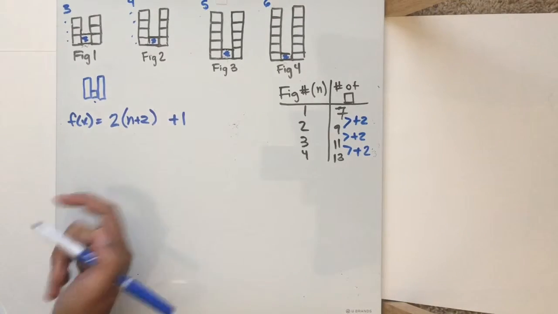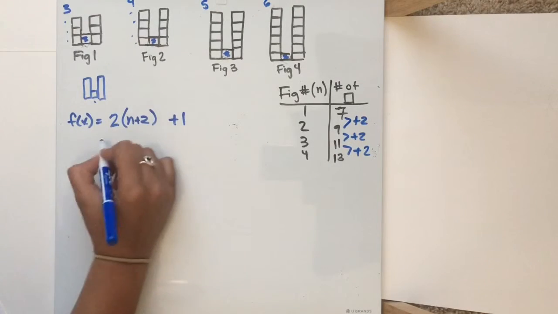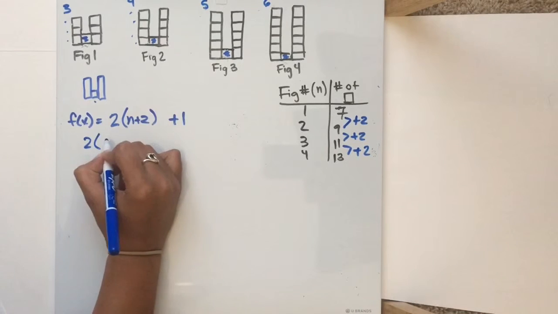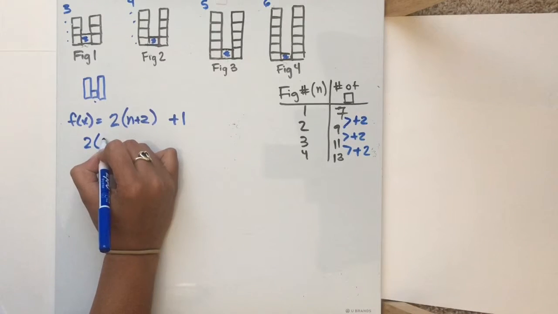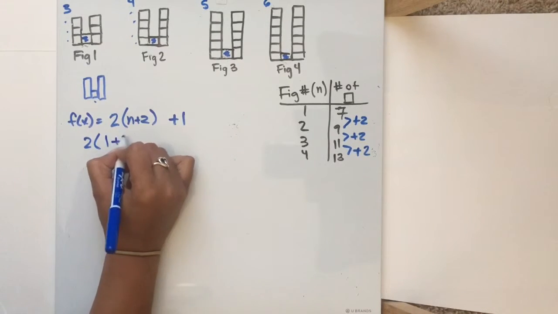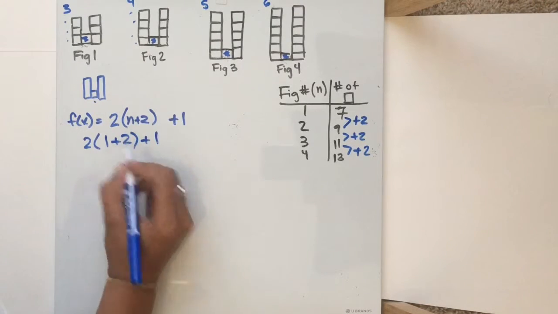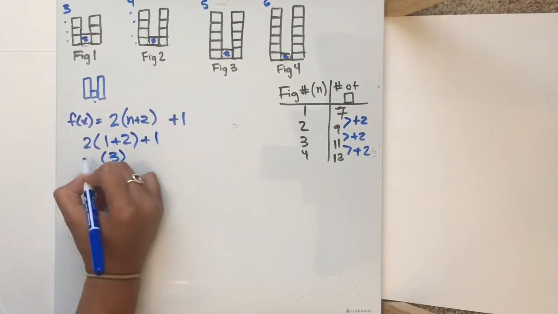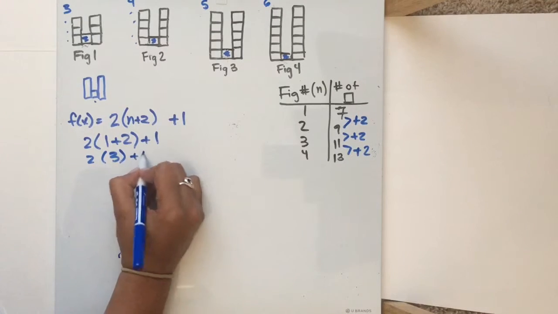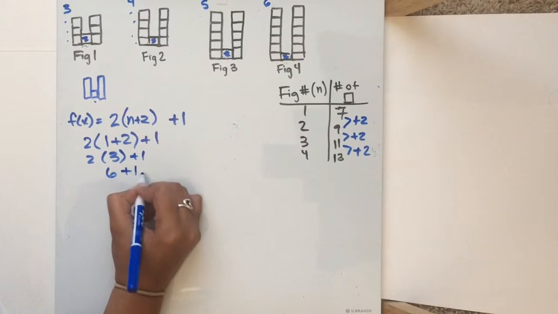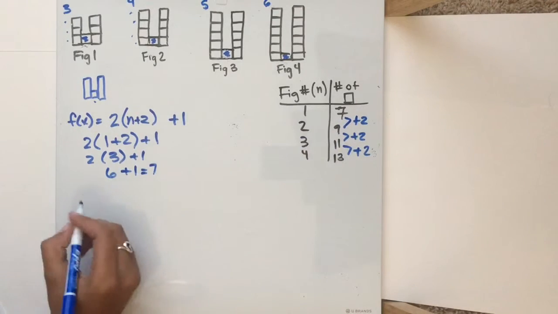Now always check your equation, so let's do it for figure 1. We have 2, and in the parentheses 1 for our figure number, plus 2, plus 1. 1 plus 2 is 3, multiplied by 2 is 6, plus 1 equals 7, which checks out.